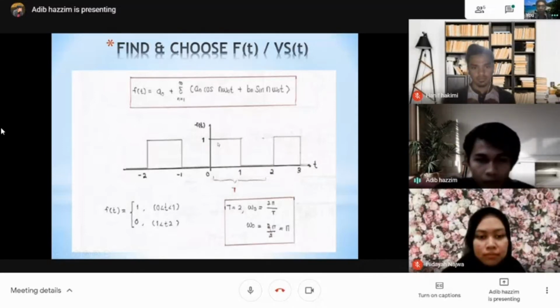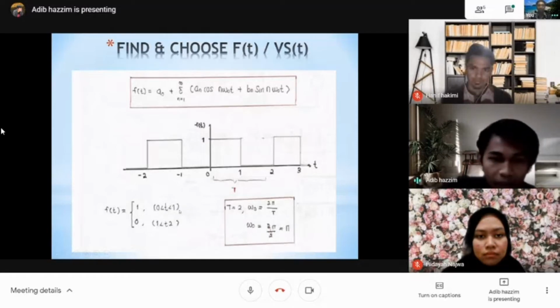We can see here it is 1 and 0: 1 for t more than 0 and less than 1, and 0 for t more than 1 and less than 2.